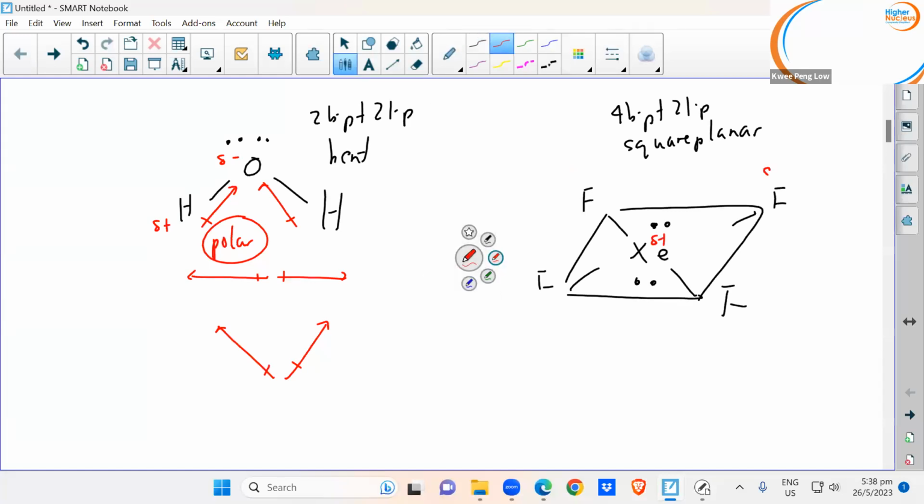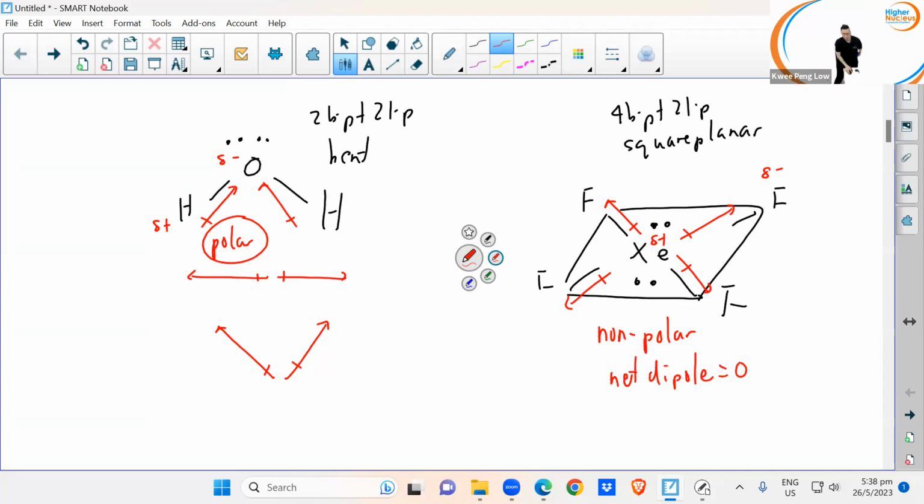Xenon, delta plus, F, delta minus. So see, this dipole and this dipole will cancel out. This one and this one will cancel out. So overall, this molecule is non-polar. Why so? Because the net dipole is equal to 0. They cancel each other.